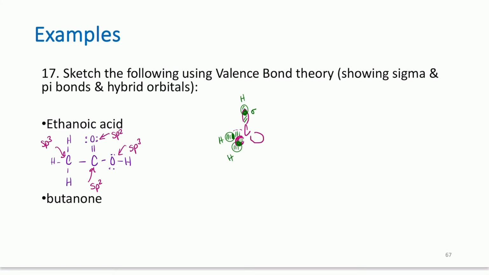It's also singly bonded to a carbon atom that is sp2 hybridized. sp2 means it's a trigonal planar structure. These are sigma. But this bond is a sigma bond. It is a single bond.